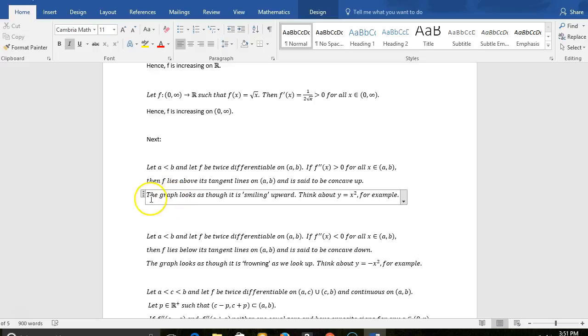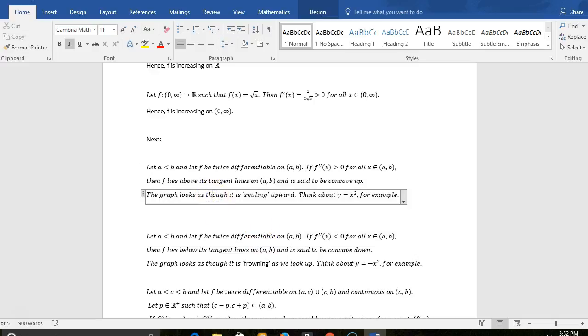But anyway, guys, remember y equals x squared, and whether you want the domain to go from negative billion to positive billion or negative infinity to positive infinity, the graph looks as though it is smiling upward. It's concave up. It lies above all its tangent lines. Y equals x squared is always smiling. Anywhere you go, whether it's to the left of the origin or to the right of the origin, it lies above its tangent lines. It's concave up.